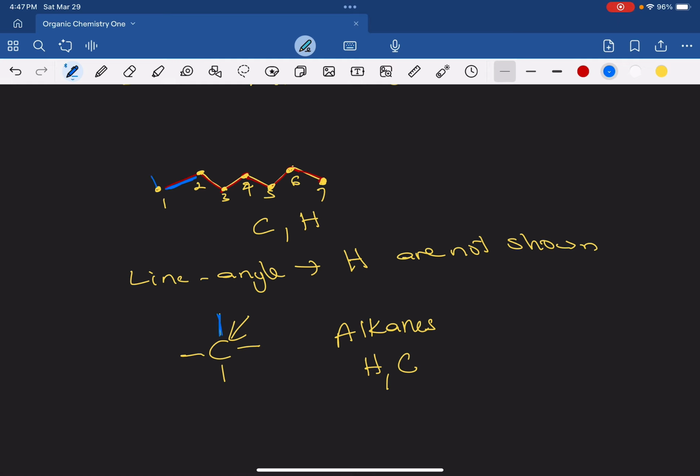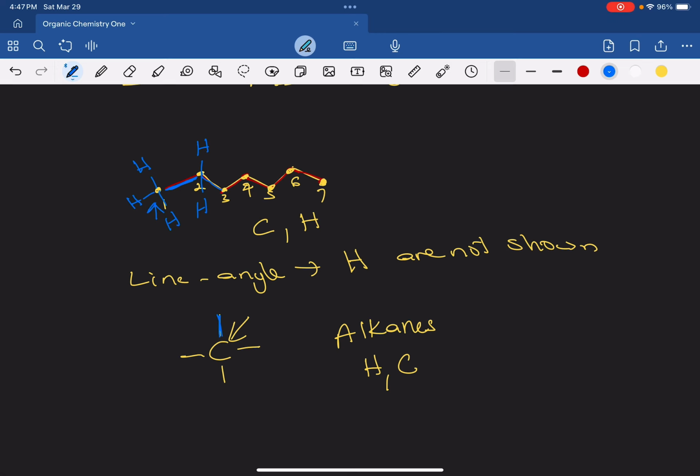The three missing bonds are your hydrogens. Let's go to carbon 2. This bond and this bond are drawn towards 2, so I see two bonds, which means 2 are missing. The 2 that are missing are your hydrogens. So on carbon 2, I have 2 hydrogens. On carbon 1, I have 3 hydrogens.